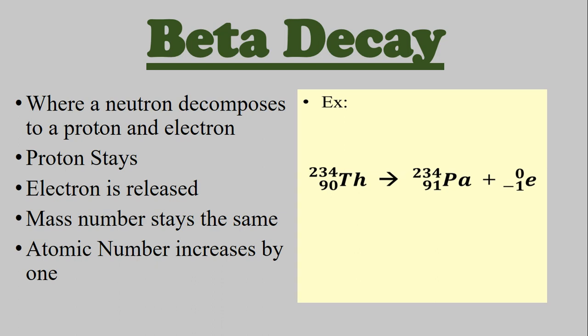When you just have a neutron become a proton, the mass didn't change much. But the atomic number is going to increase because you added 1 extra proton. So if you see in here, we started with thorium with 90 protons. Then we will go to Pa, which has 91 protons.